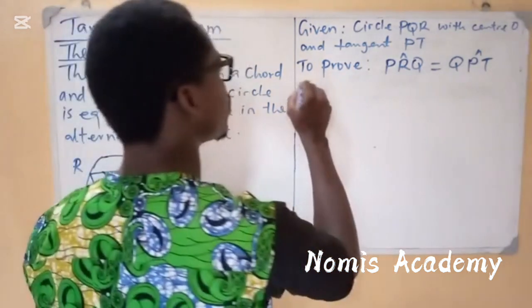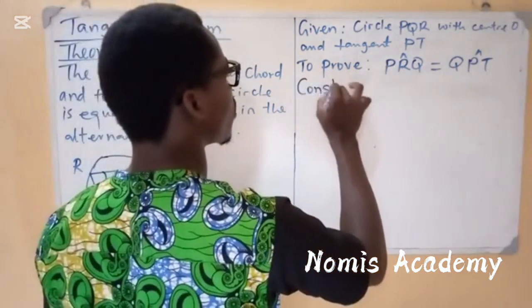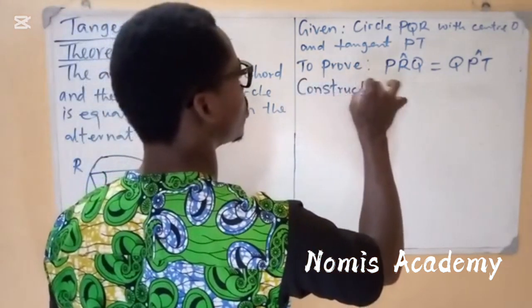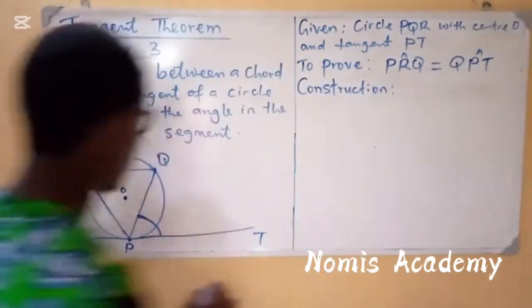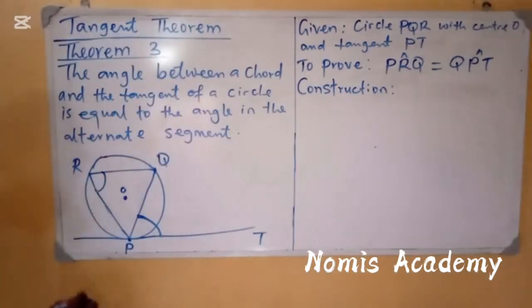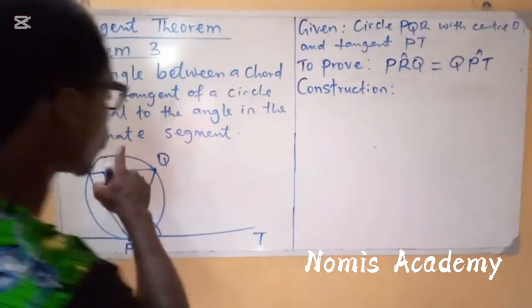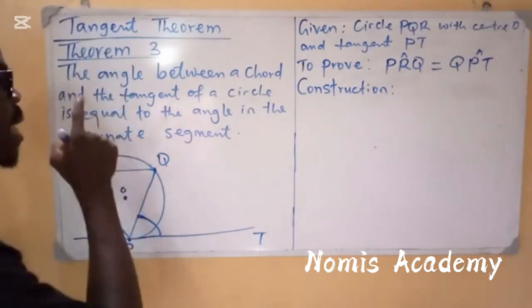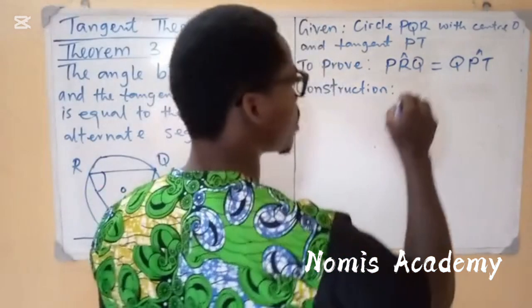Now construction: we are going to draw a diameter that passes through O and then meets the circle at another point.